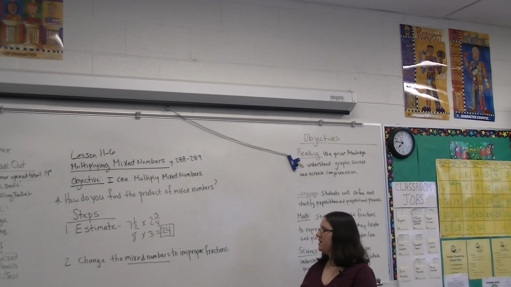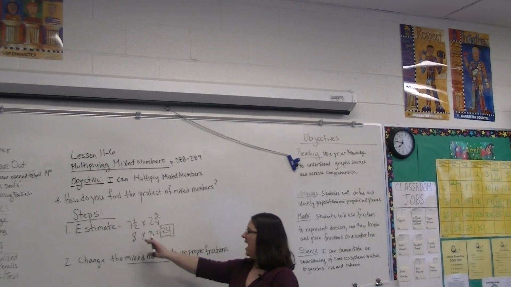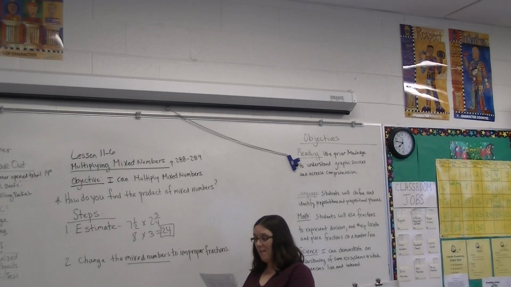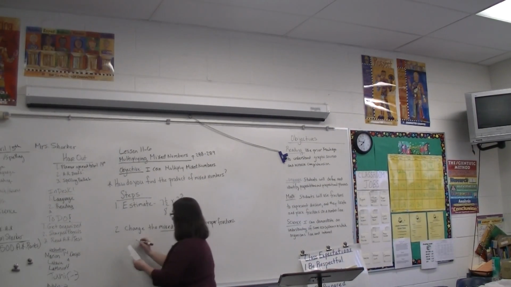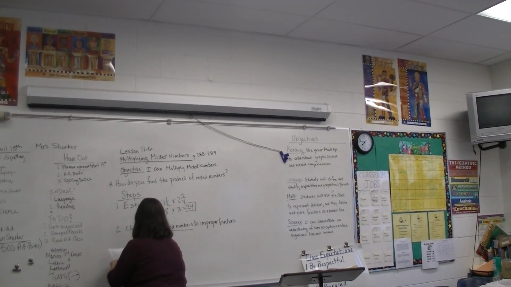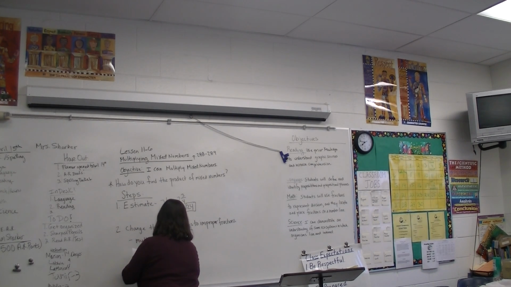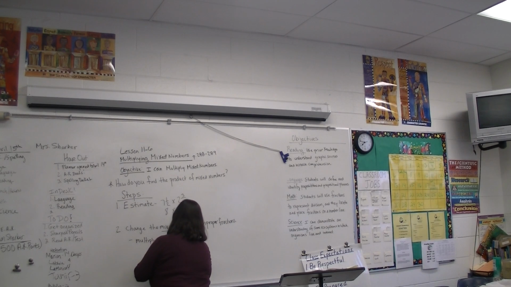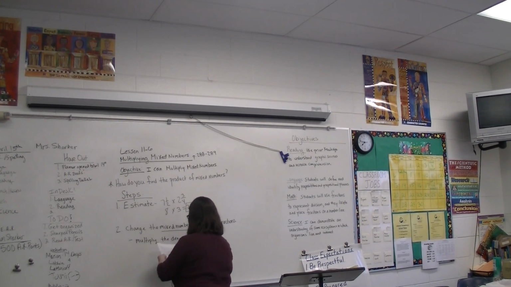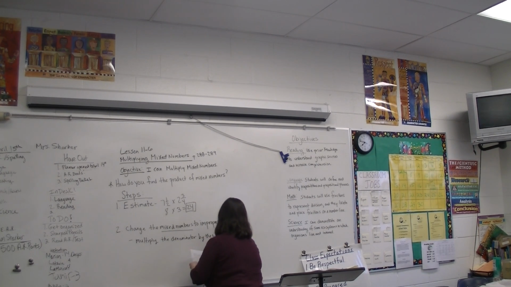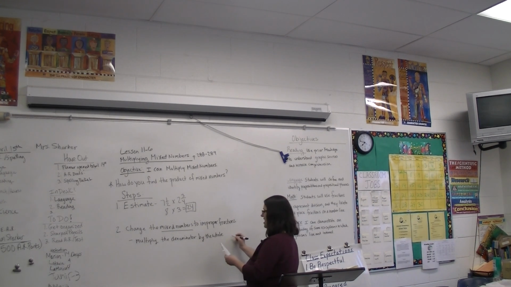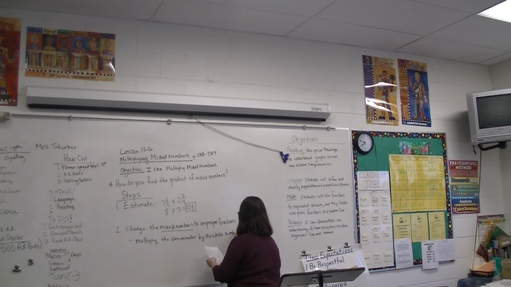Our first mixed number is 7 1/2. And if you need to, I'm going to quickly write down here the steps again on how to change your mixed number to an improper fraction. Add that underneath number 2, where you multiply the denominator by the whole number.